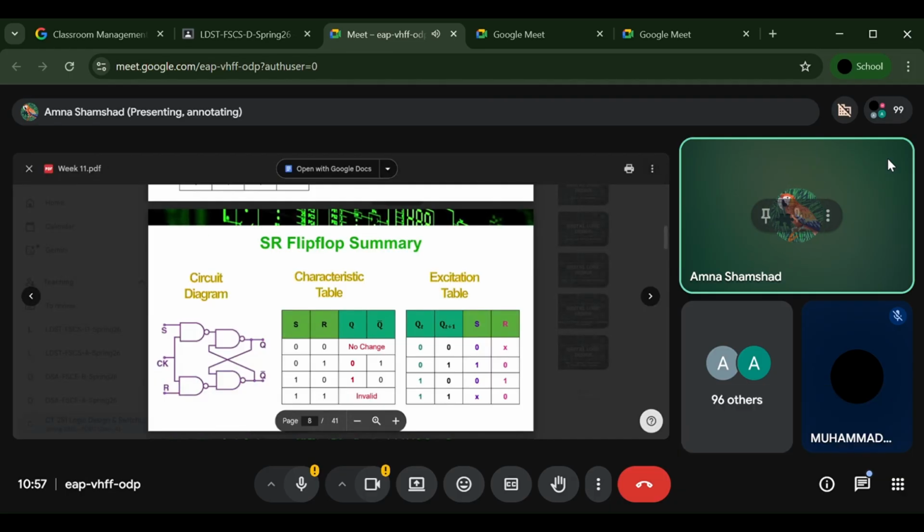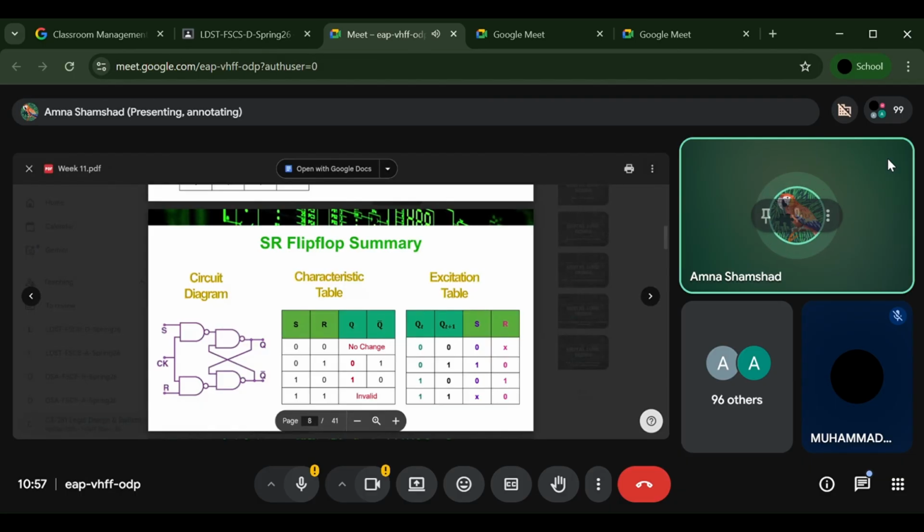So the excitation is simply the current plus the next state. For current and next state, we have 00, 01, 10, 11. We have to check the current plus next in this way. Whenever your current is 0 and the next is 0, what will happen? If 0 remains 0, it means either it is the no change combination or I was resetting my input.